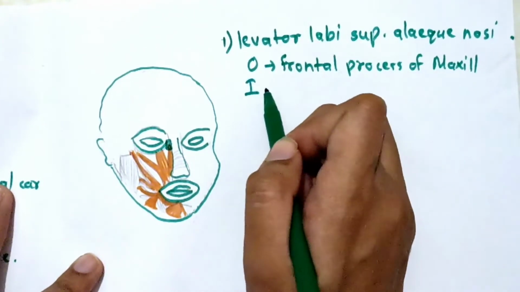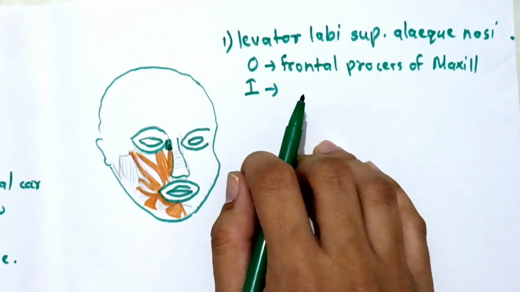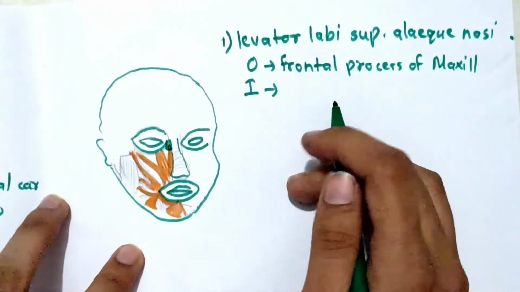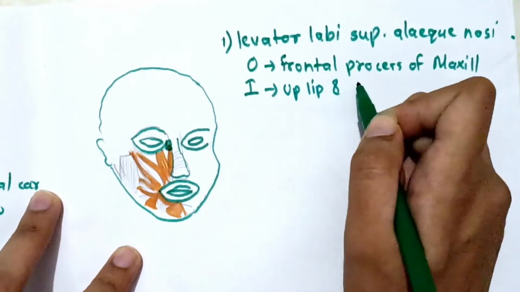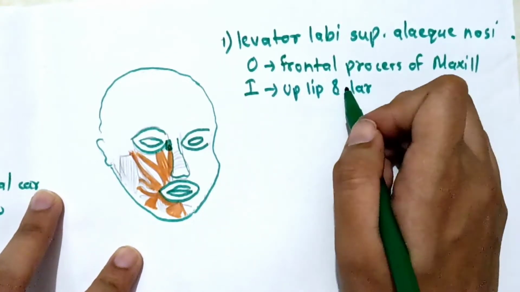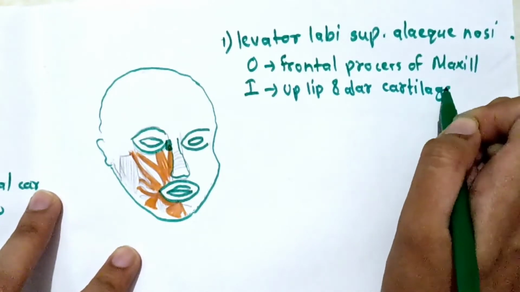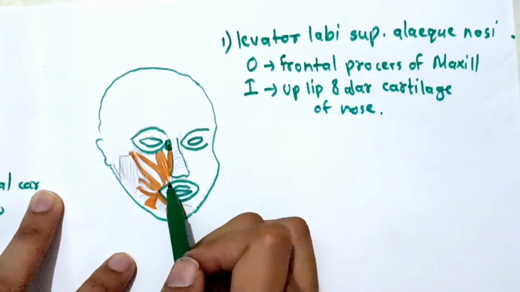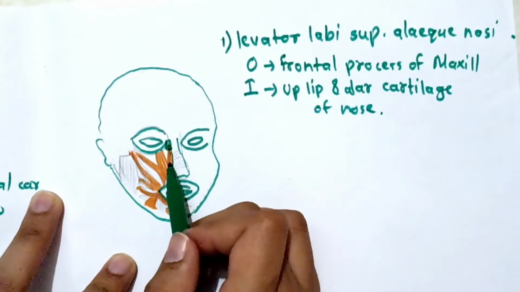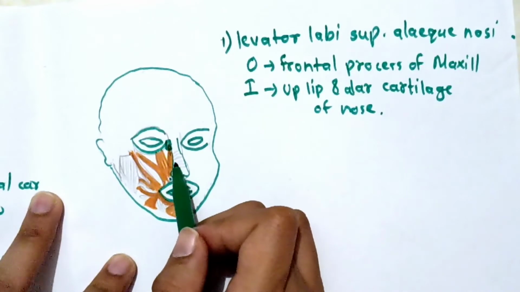Now let's see the insertion. So it is inserting onto the upper lip and alar cartilage of nose. So you can see here this muscle is moving downward and inserting on the upper lip, and here we have the alar cartilage.